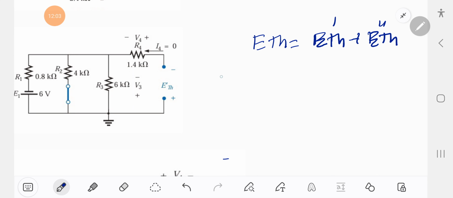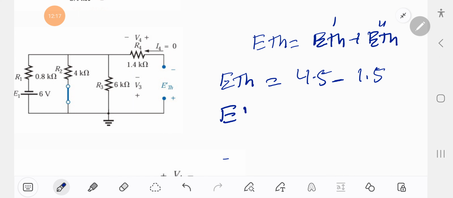So ETH will actually equal 4.5, which is ETH double dash, minus 1.5, which is ETH dash. So we got that ETH is actually equal to 3 volt.